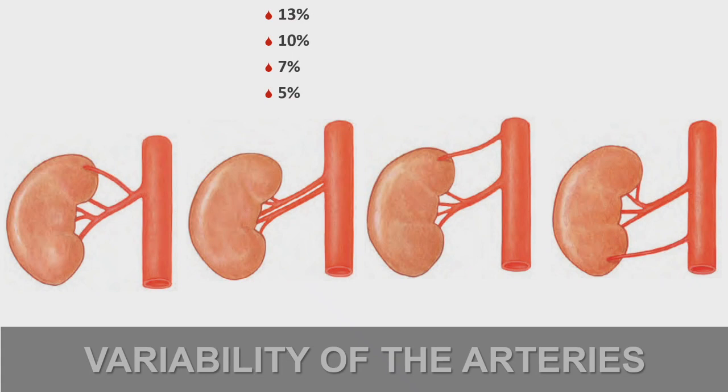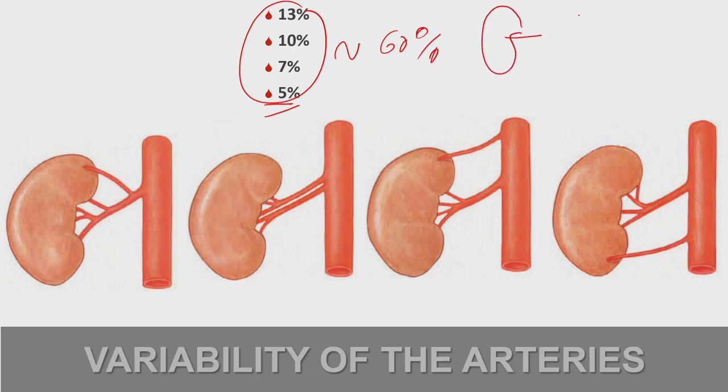But here are some schematics, and when you add all those, you can say that about 60% of patients could have one right and one left artery and vein. The others are here.